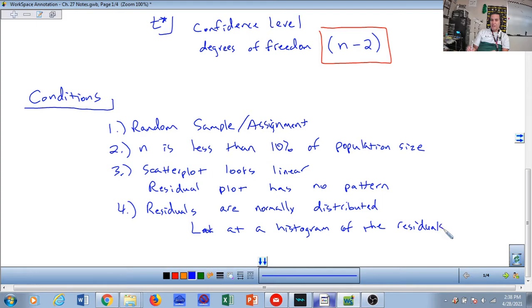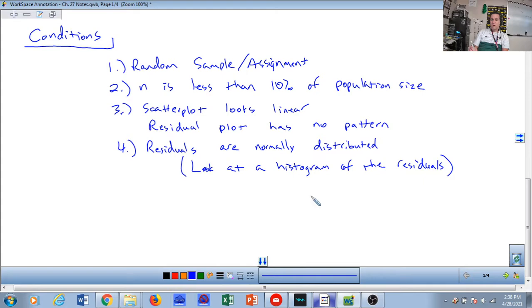You'd like that histogram of your residuals to look, now you're going to have negatives and positives because some residuals will be lower than the prediction line, some will be above. You might have some gaps, but for the most part, you want it to look fairly normal, okay?